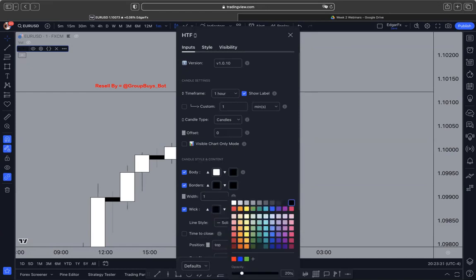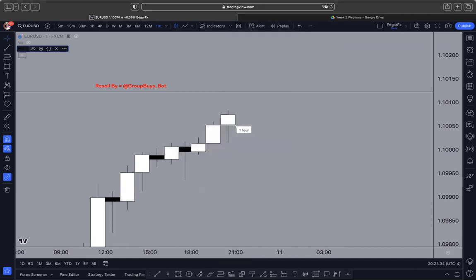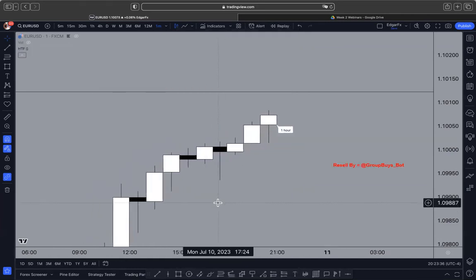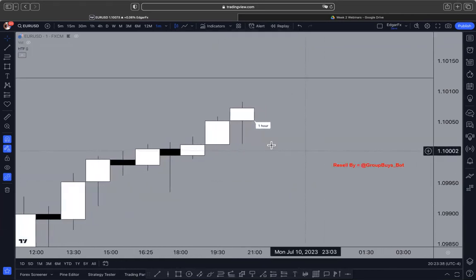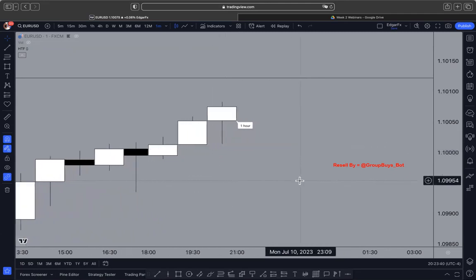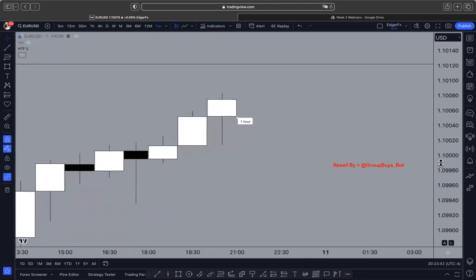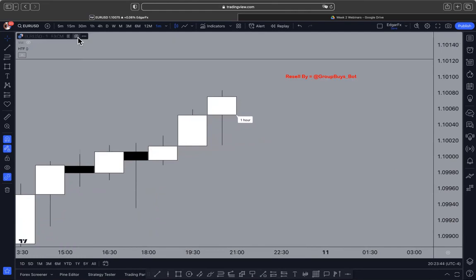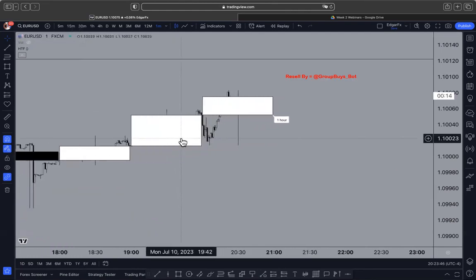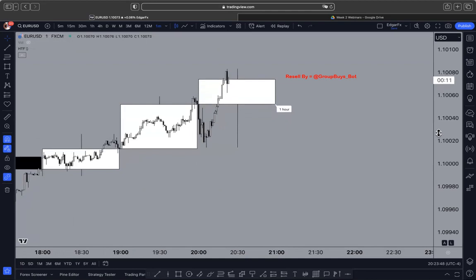Wicks in there. Yeah, there we go. So this is the hour candlestick chart. You're seeing a tick like that, but I can actually show you the 1 minute data that's building it.